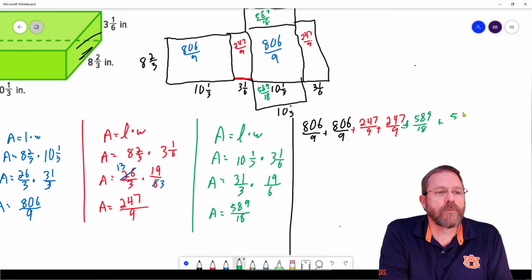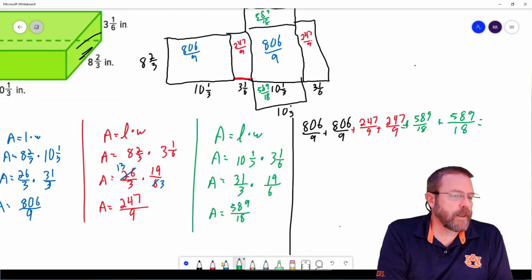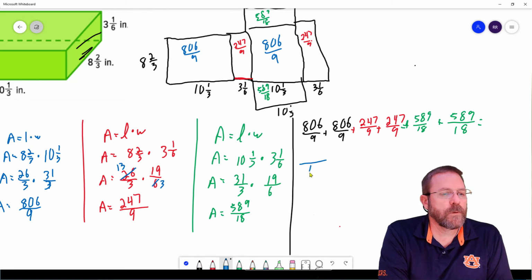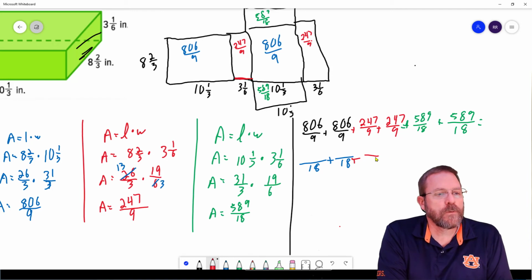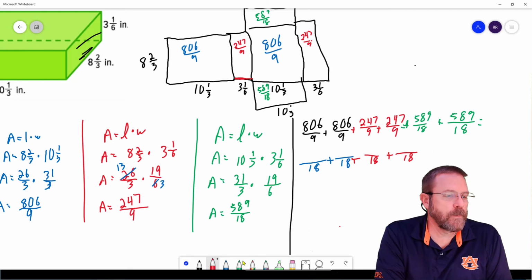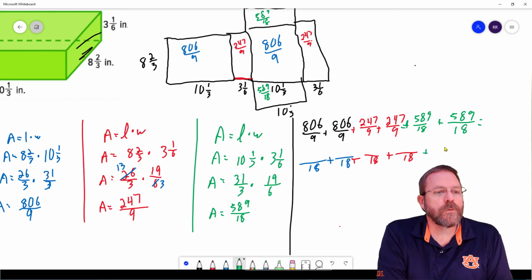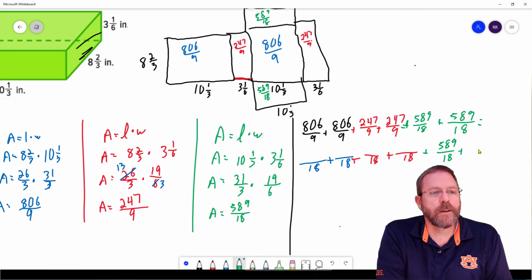Find that least common denominator, which is going to be 18. So I have something over 18 plus something over 18 plus something over 18 plus something over 18, and plus these will stay the same, 589 over 18 and 589 over 18.